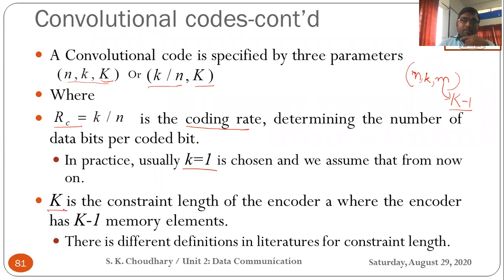Capital K is the constraint length of the encoder, where the encoder has K minus 1 memory elements, which I have mentioned here in terms of m. So whatever the constraint length, that minus 1 is equal to the number of memory elements or flip-flops present in the convolutional encoder to store the data.